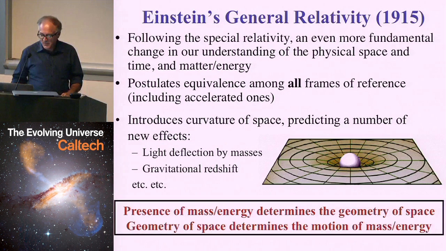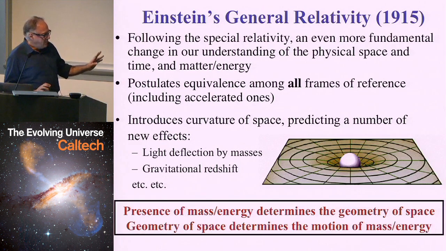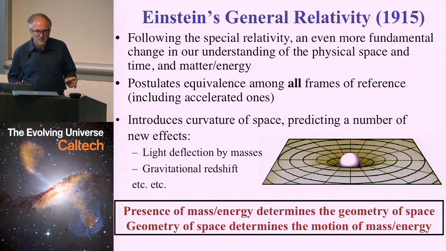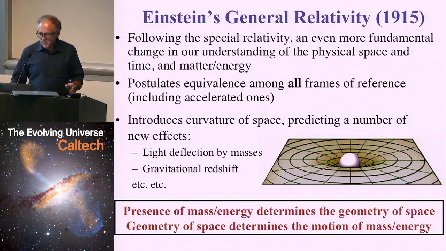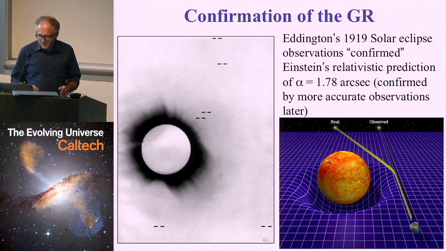So, general theory of relativity in one tweet is this: mass changes the geometry of space, and space changes where the mass moves. And if you can solve that in a consistent fashion, that's what Einstein's equations are, you've got yourself a theory. So, this was obviously the way to test it.